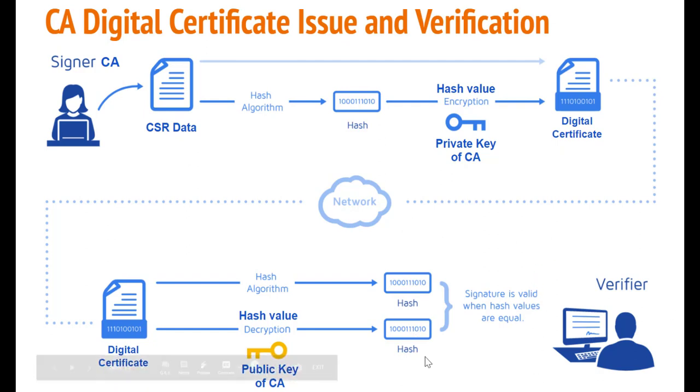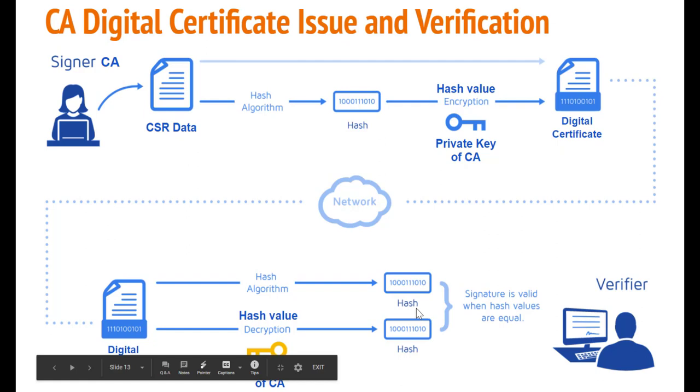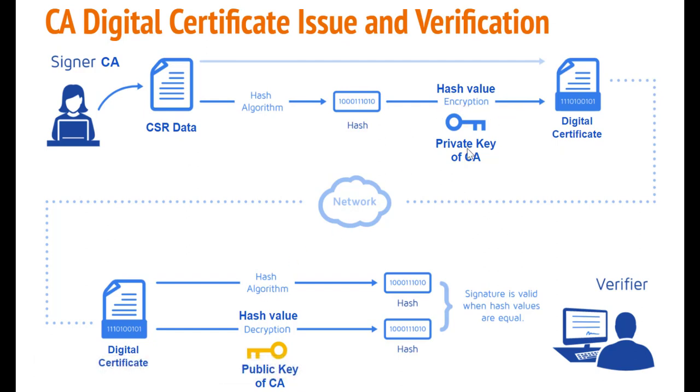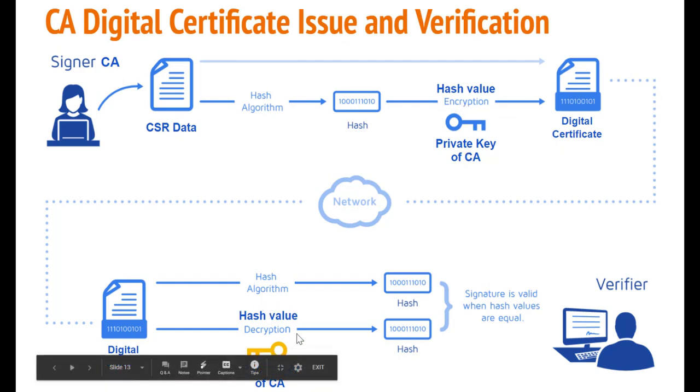So how is the authenticity or the verification done? It is the same way. Once the decryption is performed, the receiving end actually gets the hash value, and it applies the same hashing algorithm over the CSR data, over the other details which are there.